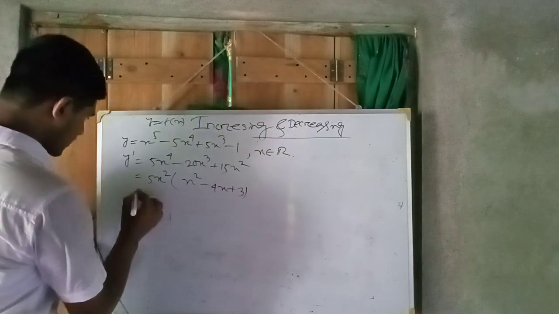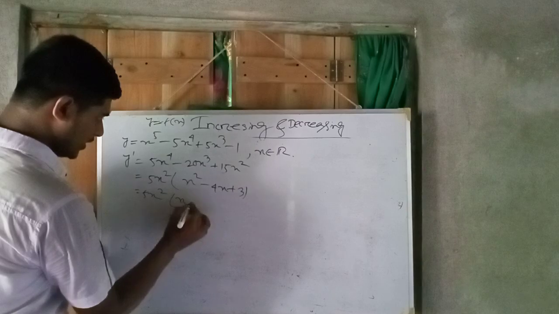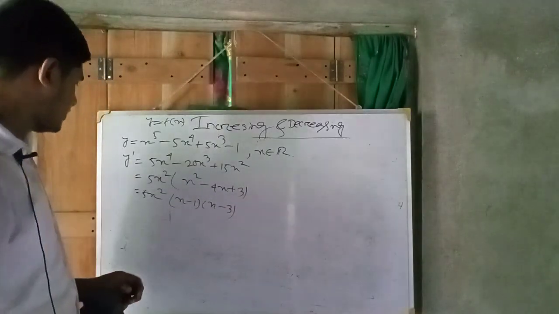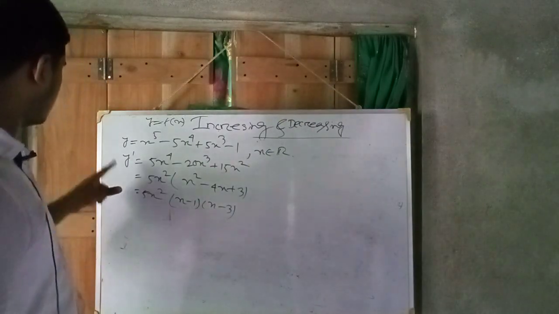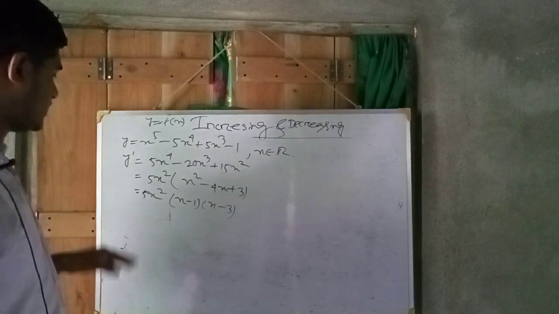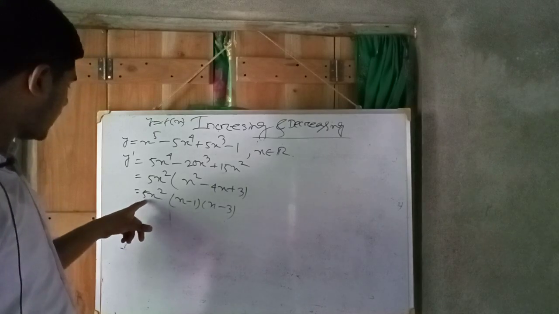So 5x square, x minus 1, x minus 3. Okay, for simplicity, y dash can be written in factorized form. This is x minus 1 into x minus 3 into 5x square.